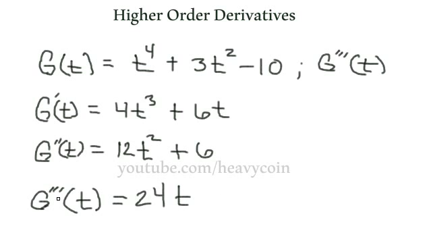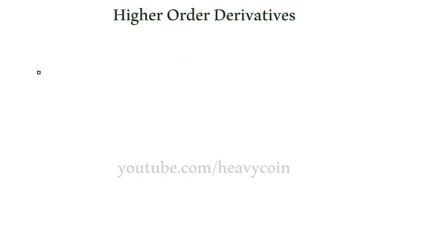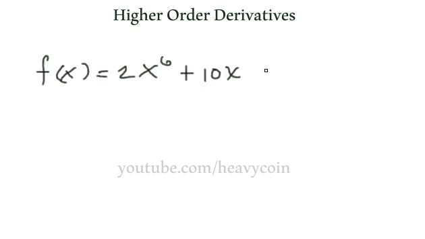Now what happens if they were asked to find the sixth derivative or the fourth derivative? Well, we wouldn't just keep writing prime, prime, and prime and keep on going with that. We have some different notation for that. So let's say that we were asked to find, we'll go back to our notation, f of x: 2x to the sixth plus 10x minus 1.